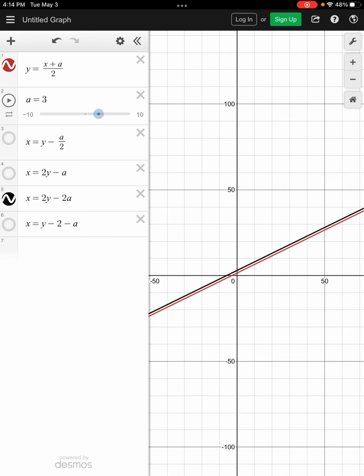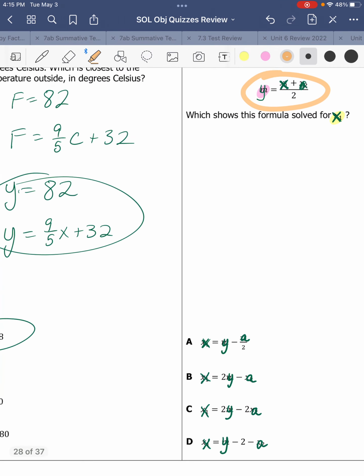So the black one is super close, but it's not exact. This one here is exact. So that's my answer. And that would be B. So B is my answer.